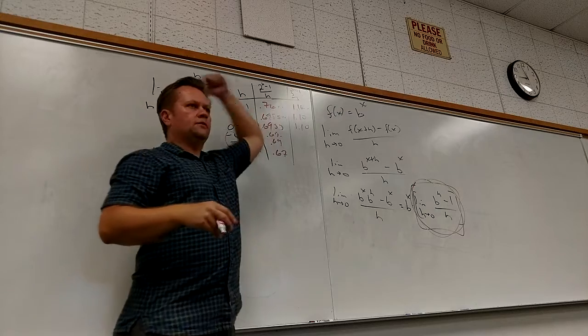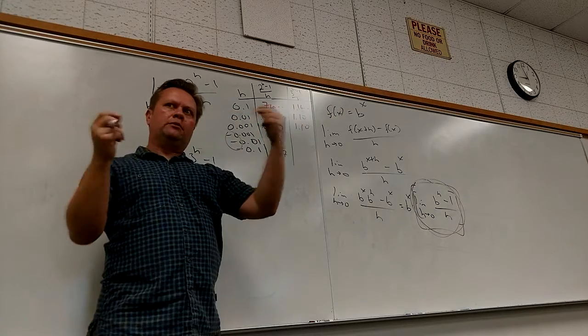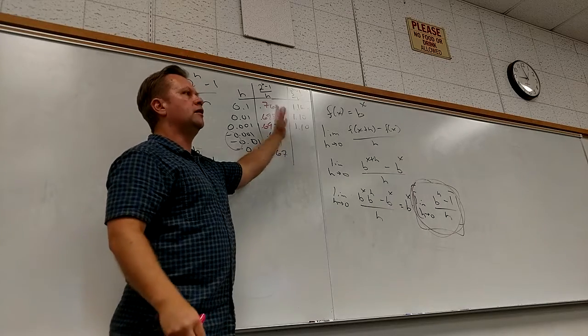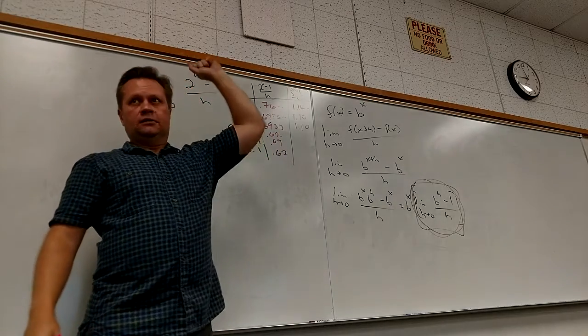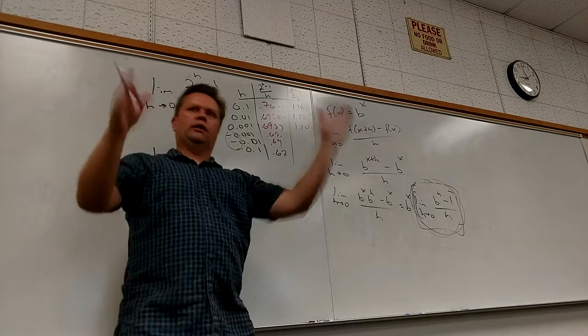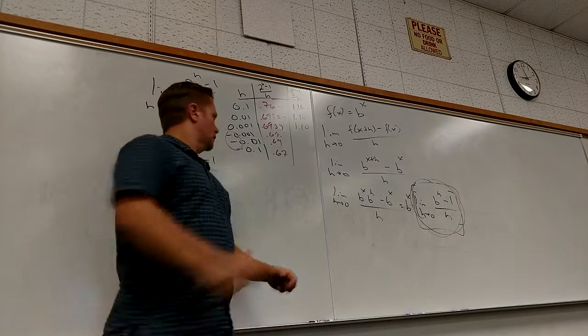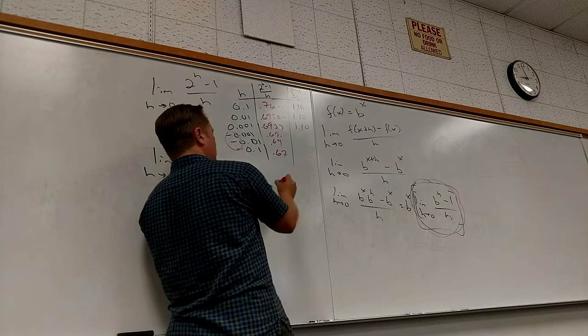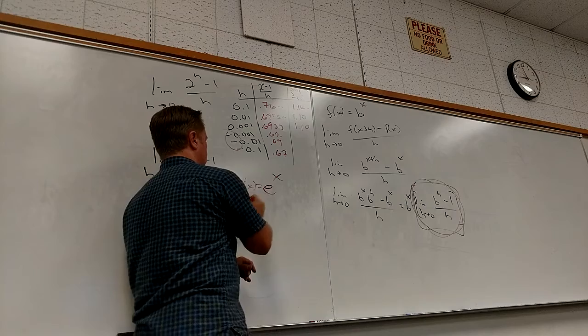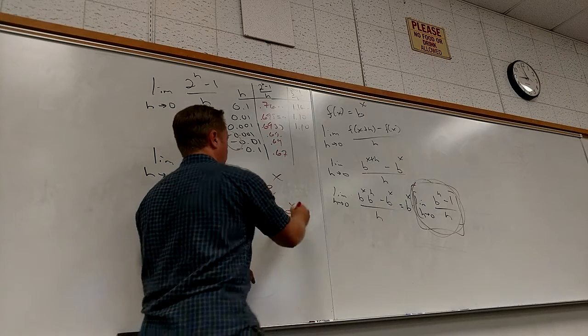Well, the 3 is. There's a special number right in between 2 and 3, which ends up being the exact number that makes this come out to be 1, and that number is e. 2.72, whatever. So e is the number such that it is its own derivative.